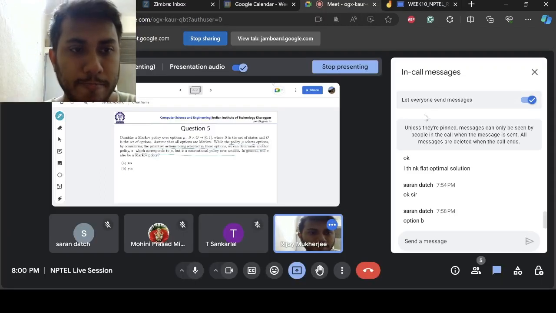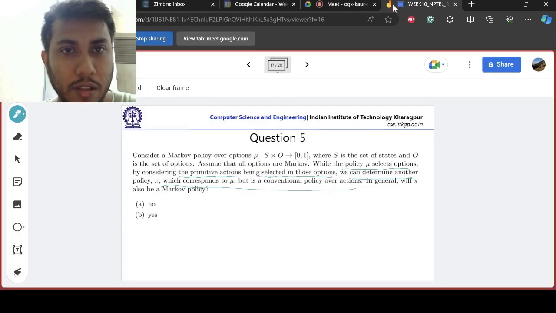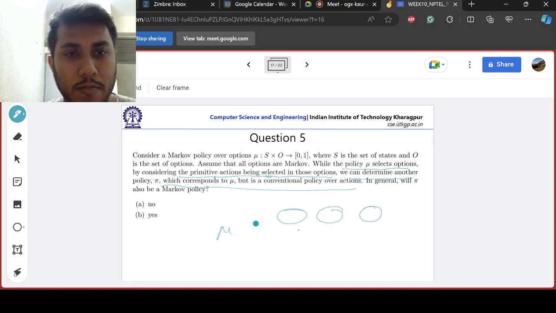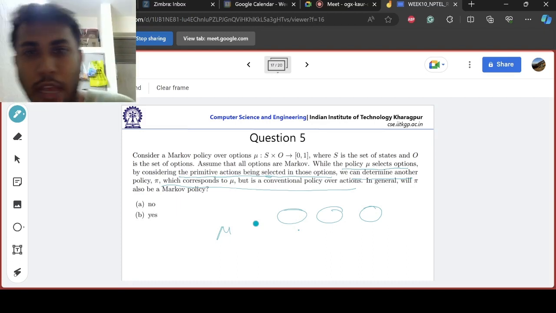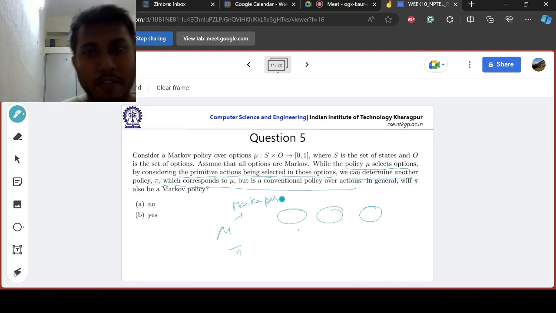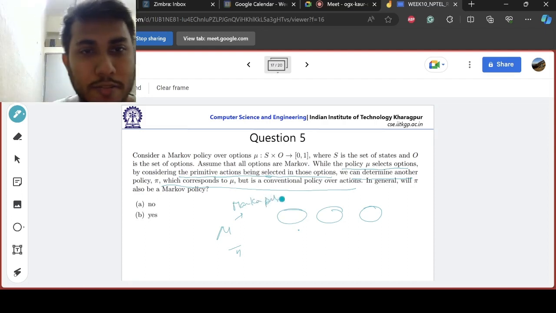What will it be? So you have a policy which selects options. So this is an option, this is an option, this is an option. You have a policy which says which option to select for which state, right? Also this policy is Markovian. It is not an SMDP Markov we are considering; we are considering mu as a Markov policy.